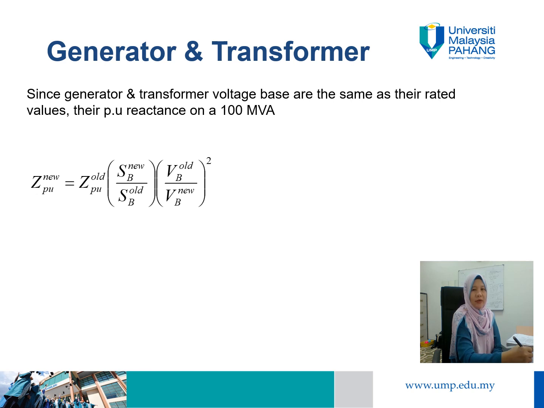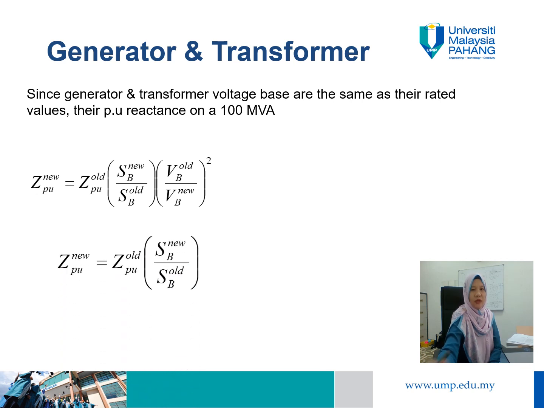To calculate the per unit impedance for the generator and transformers, we use the formula: the new impedance in per unit is equal to the old impedance in per unit multiplied by the new base power divided by the old base power, multiplied by the old base voltage divided by the new base voltage, squared. Since the generator and transformer voltage bases are the same as their rated values, V old is equal to V new, so this part is equal to 1.